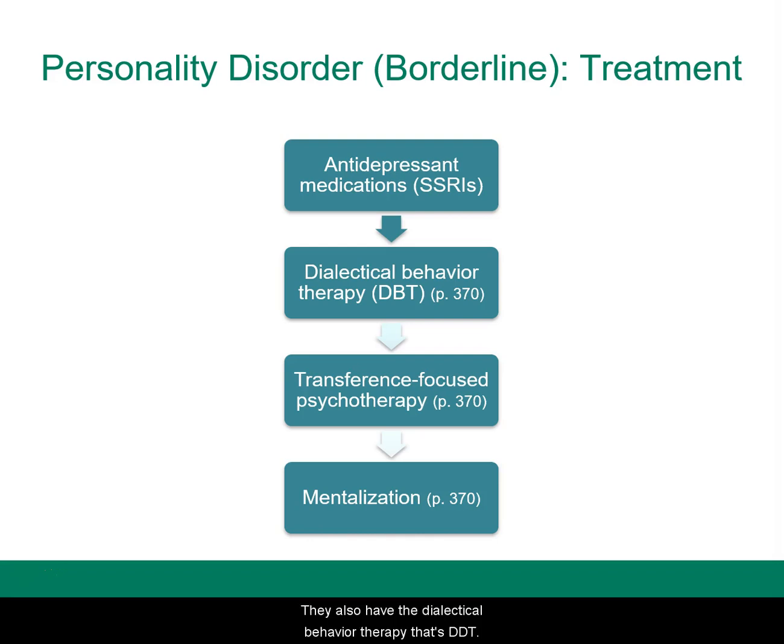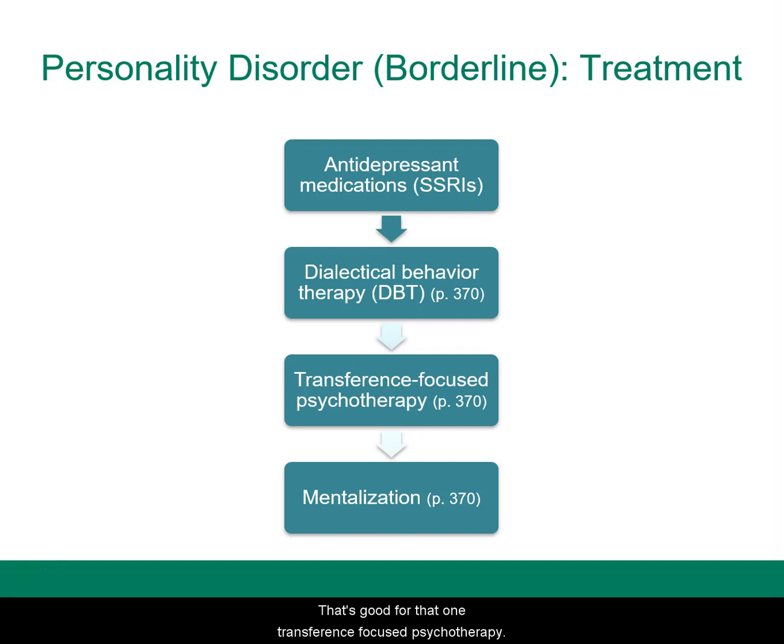But they also have the dialectical behavior therapy, that's DBT, and this treatment is based on a clear hierarchy of goals, which prioritizes decreasing suicidal and self-injurious behavior and increases coping skills. Okay. That's good for that one.